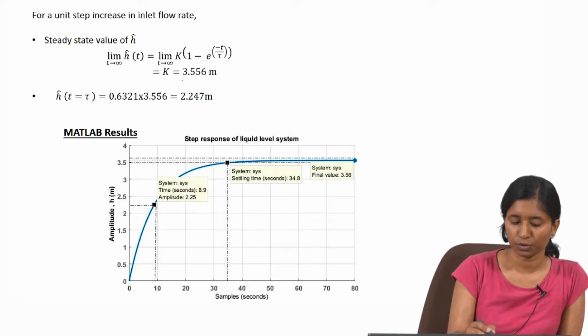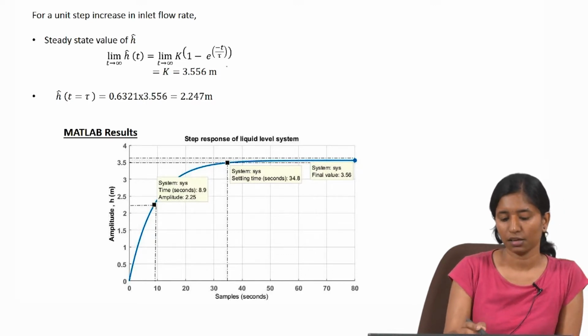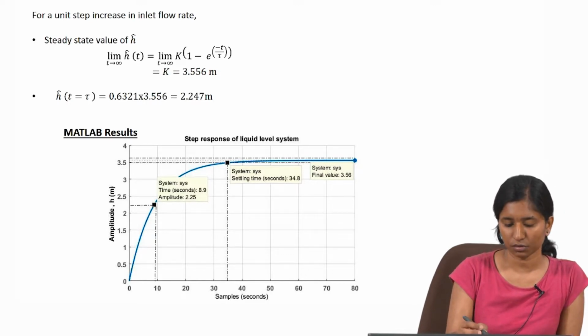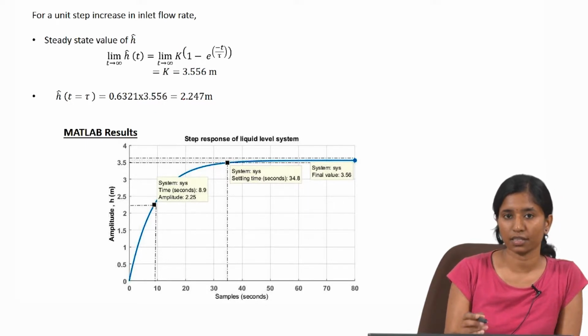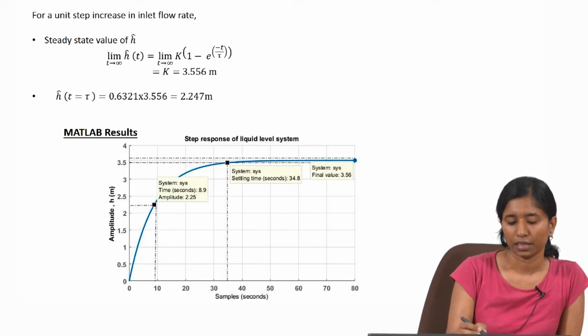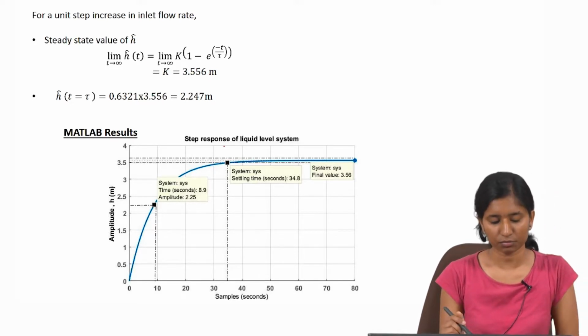If we do this, we will find the steady state value of height is equal to k, and since the value of k is 3.556, the value of height at steady state is 3.556 meters.